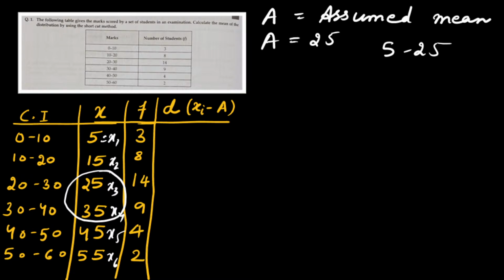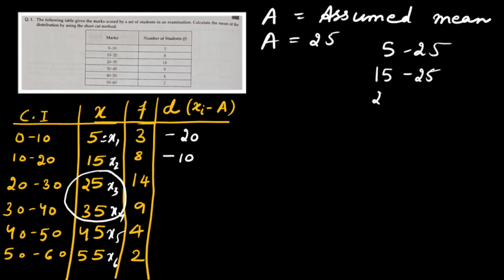This is minus 20. So next one, x2: 15 minus 25 is how much? Minus 10. Don't ignore the sign over here. So it's negative 10.